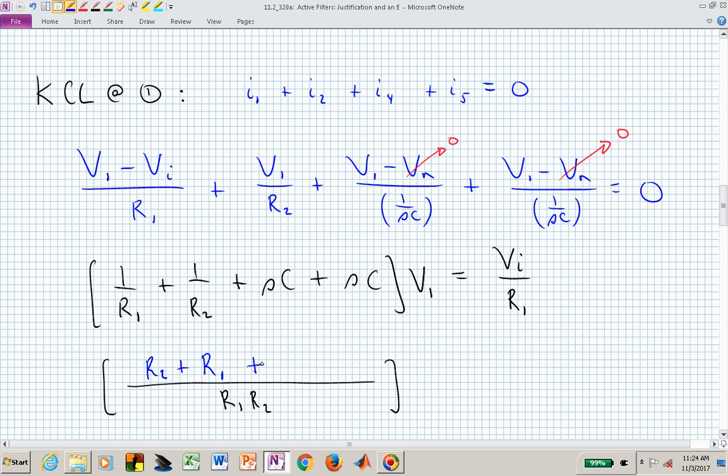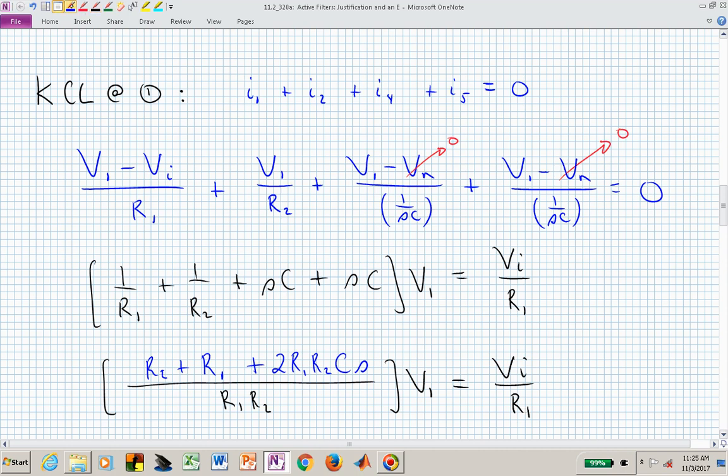And finally, we have 2 of these SCs, but those now need to be scaled by what we just put in the denominator. So we have 2 R1, R2. Let me put the S at the tail, and now we have the square bracketed term written a little bit more cleanly.